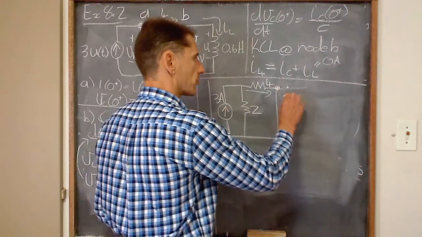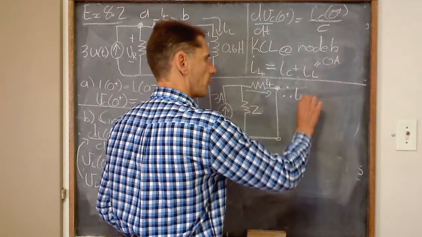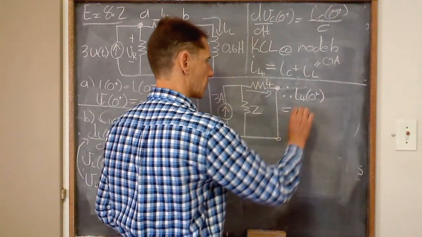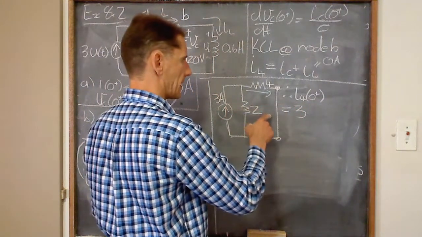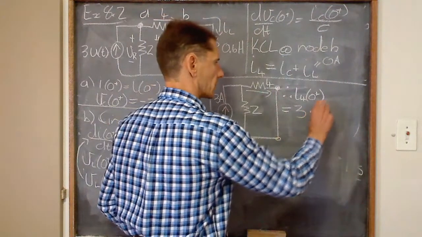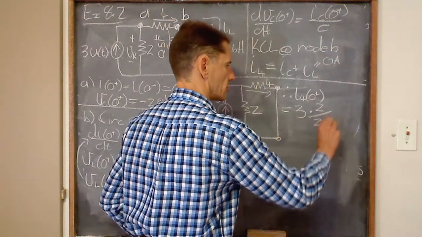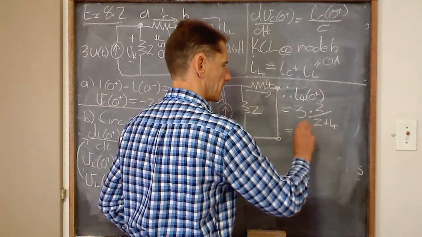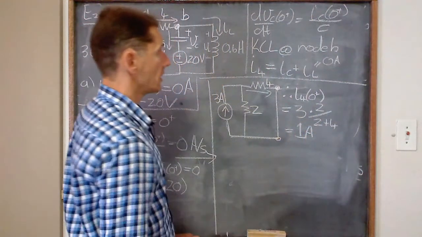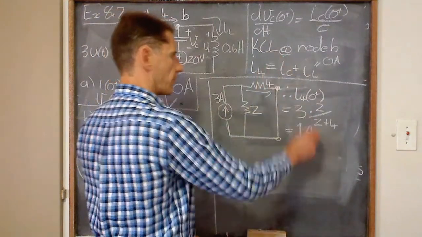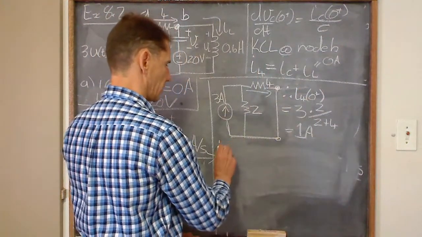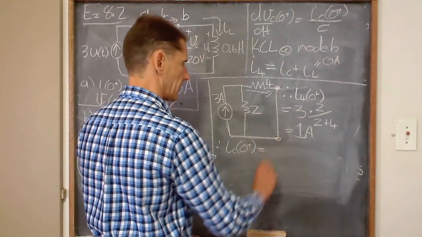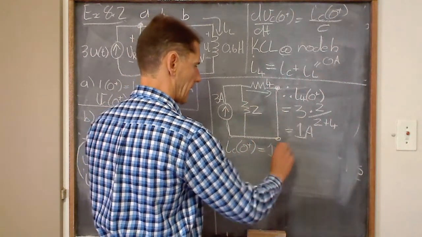So in other words, from this, we get that I4 at time 0 plus is going to equal that 3 amps times the other one, 2 over 2 plus 4, 2 over 6, 1 over 3, equals 1 amp. So now we know what I4 at 0 plus is. In other words, IC at time 0 plus equals 1 amp.